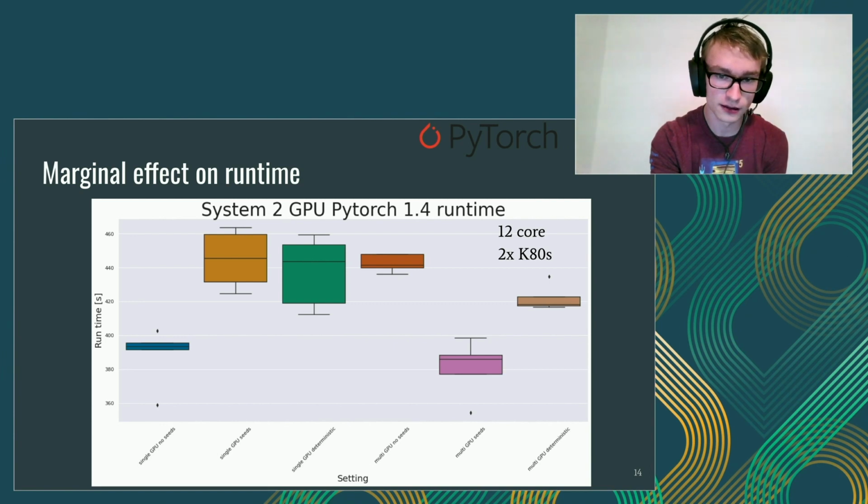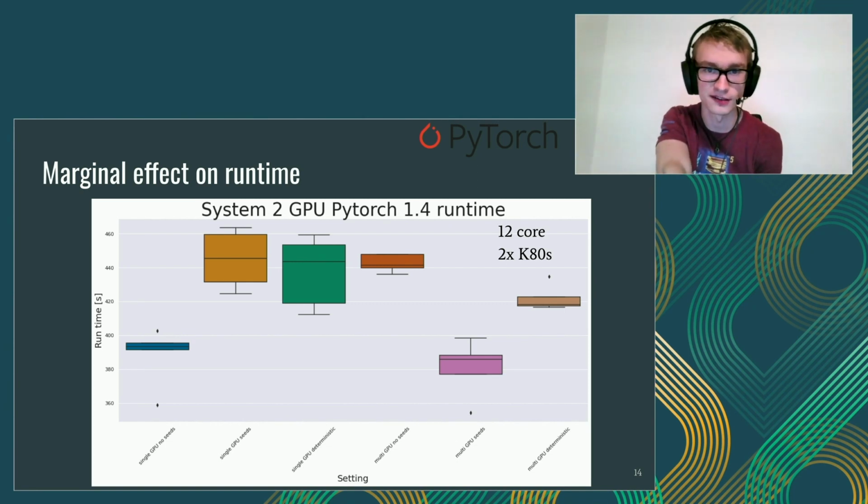If you just compare the GPUs here, which is what is shown in this plot, you can see the three box plots on the very left, which are the single GPU. And the third one, the green one, is the one that we care about the most, because this is the one that has the deterministic settings enabled. And in this case, for only 5 runs, keep that in mind, the runtime was even lower than when we only had our random seeds set. So really there was no effect on the runtime at all.